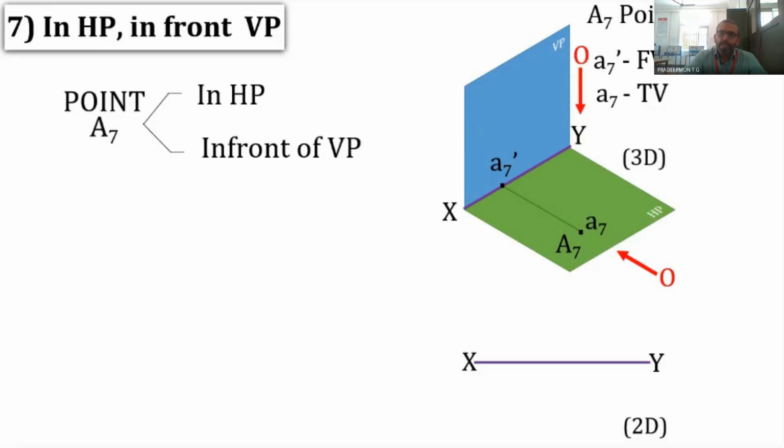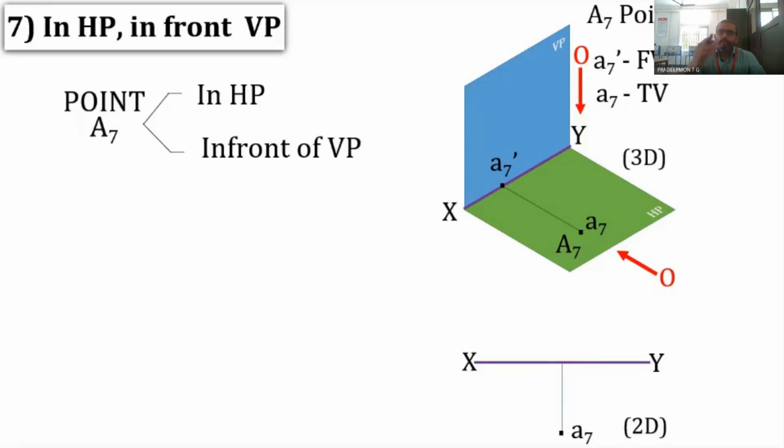And in order to get the top view, when the observer looks from the top, there is no need for an imaginary ray of light. Since the point is lying in HP, the top view will also be coinciding with that particular point. So here is A7.